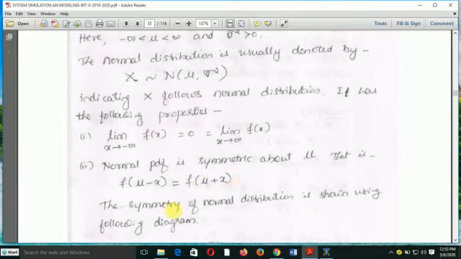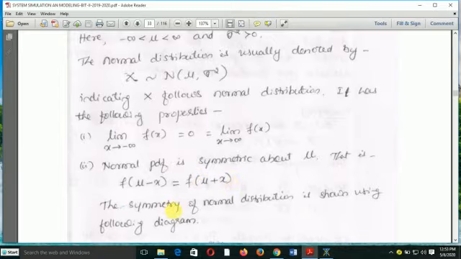The symmetry for normal distribution is shown using the following diagram. You can see the symmetry of this distribution in the diagram, because when you watch the diagram it is very easy to interpret. Here I have minus infinity, plus infinity, then x equal to mean, which is in the half of the diagram.